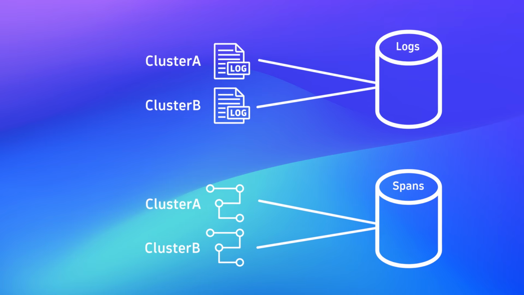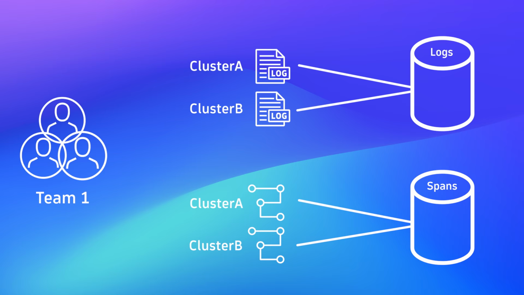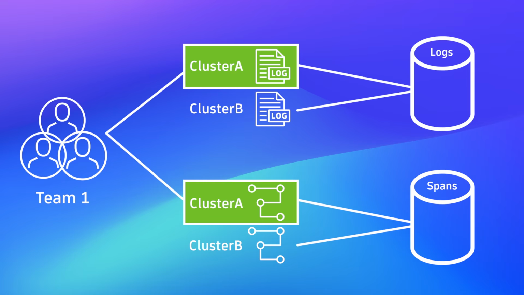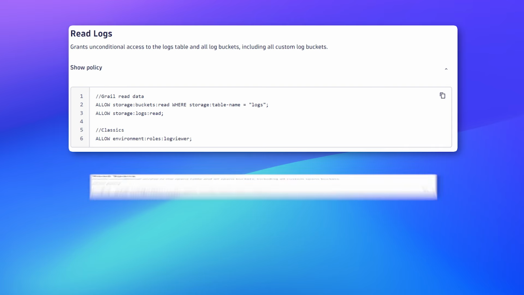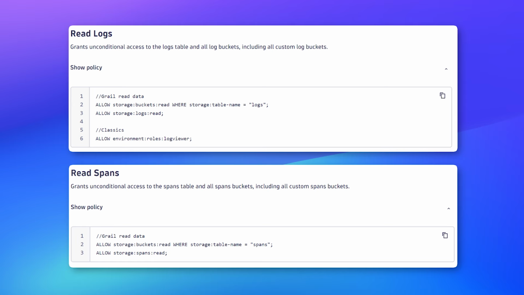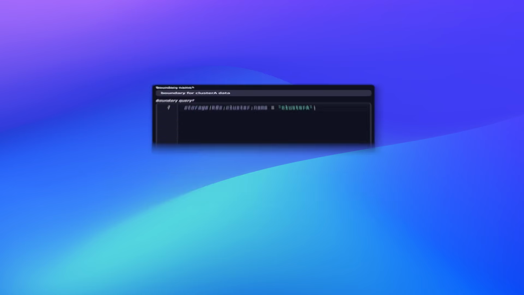And the scenario here is that you need to give access to a team for only those logs and spans and nothing else. The easiest way to do this is to leave them with access to the default read logs and read spans policies, so they can read everything, but you then need to restrict to only logs and spans from cluster A. And to do that, you need to create a policy boundary.